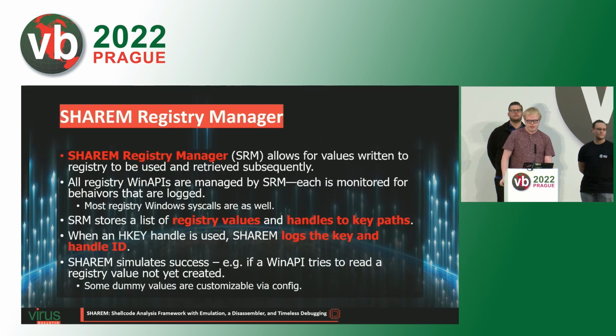The registry manager is responsible for the emulation of the registry tree. It handles all operations such as creation and modification. We are also able to read the values that are stored in the registry, and if the value has not been created yet, we can return a dummy value that is customizable via the config file.